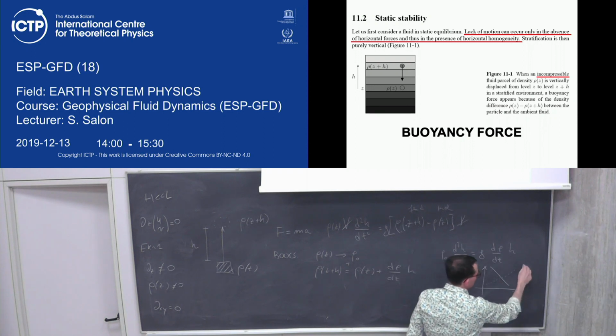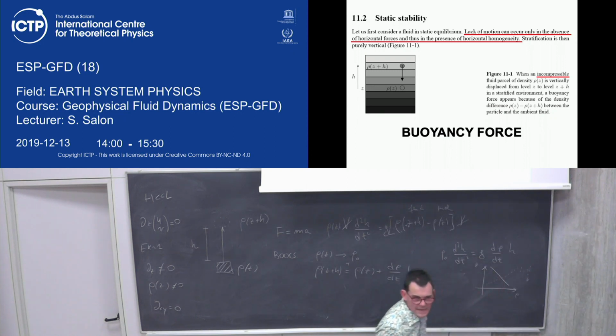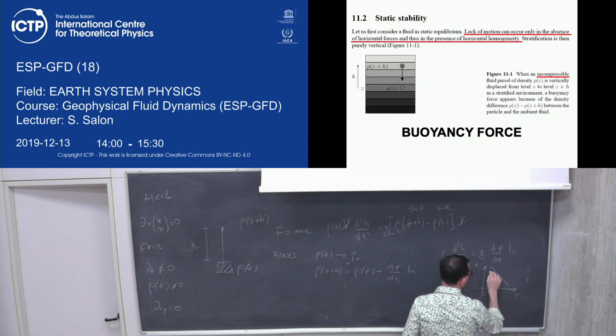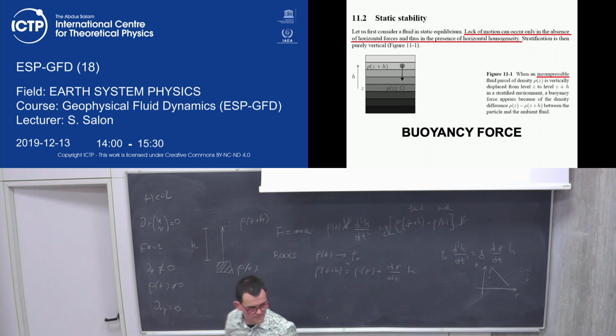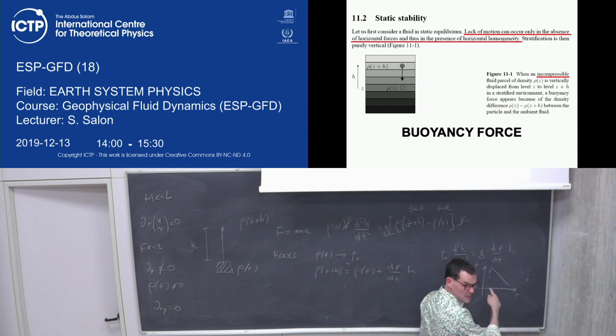Right, because if this is heavier, sooner or later it will start to sink, so this will go down and this will go up, because equilibrium must be conserved. So in order to have this unstable situation, I must give energy in order to keep this situation.